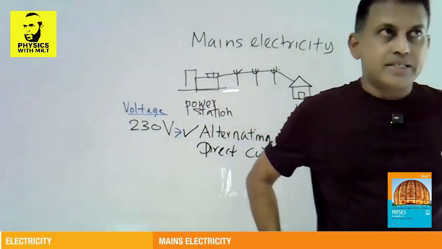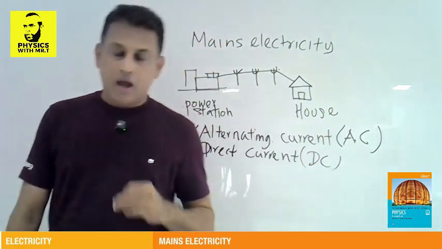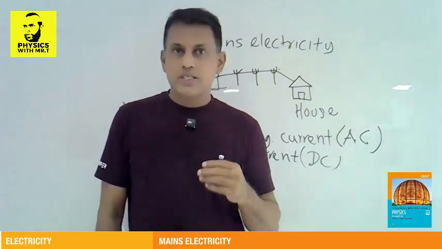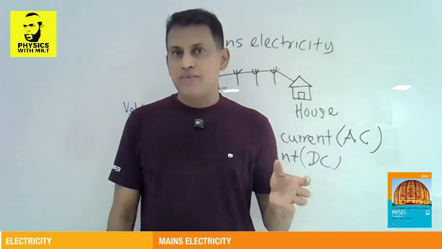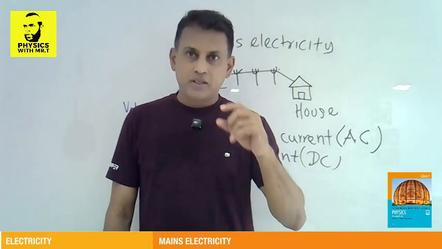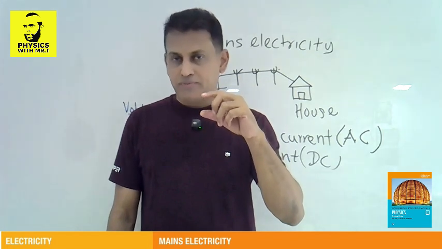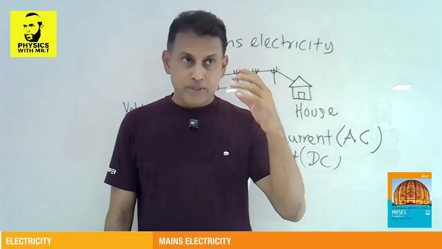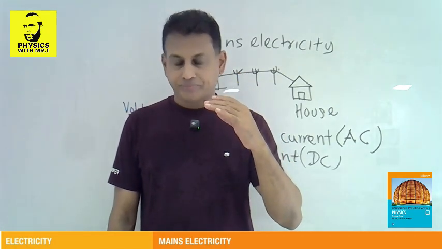Right, this is quite a high voltage. So let's think about what is the lowest voltage we can experience: 1.5 volts from the battery. Usual batteries have 1.5 volts. But what we get as AC current from the mains electricity is 230 volts.